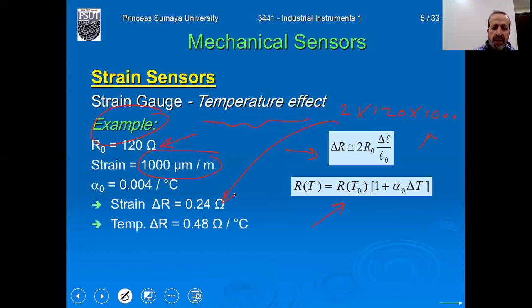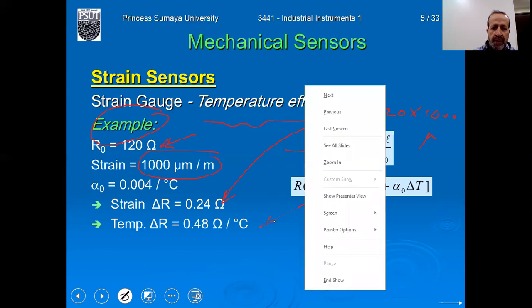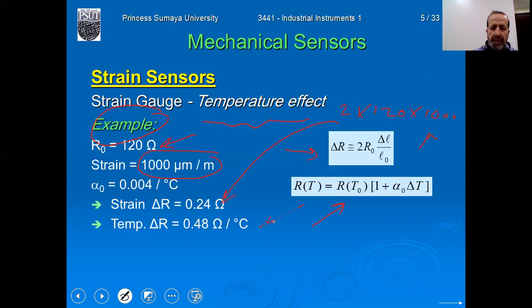While the change in resistance due to temperature, if we substitute the value of alpha in this equation, then we will get delta R equal to 0.48 ohm per degree Celsius.